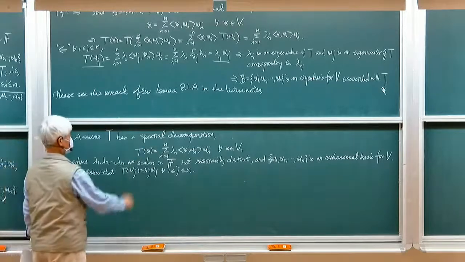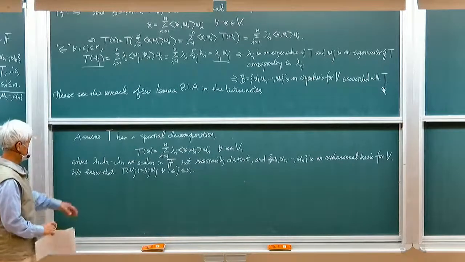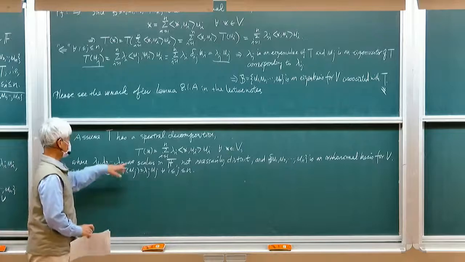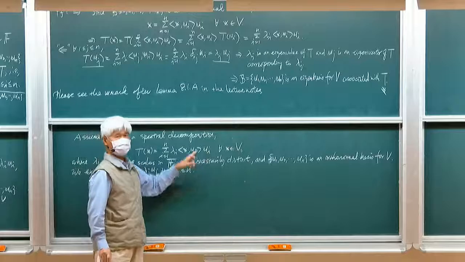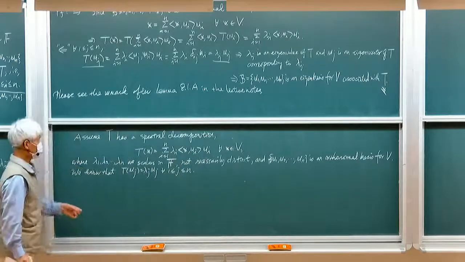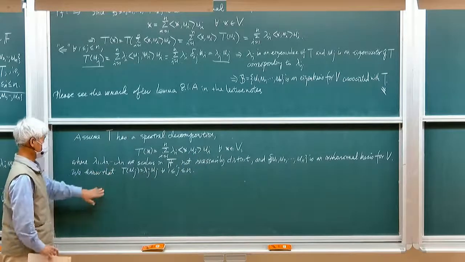So from this spectral decomposition, we immediately know that these scalars, the lambda_i, are eigenvalues, and the u_i are eigenvectors corresponding to eigenvalues lambda_i. So we have that.